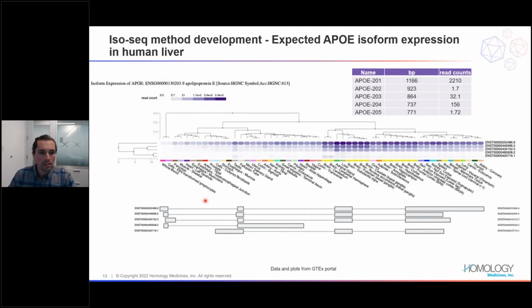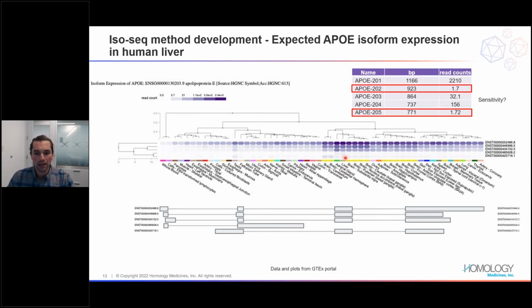This slide is really just about ApoE and how it's expressed. You can see in this heat map the expression of the 5 different isoforms of ApoE across all of these different tissues. Right down here is the liver. You can see in the liver that ApoE is expressed pretty highly, at least these top 3 isoforms anyway, and then there are these bottom 2 that are pretty lowly expressed.